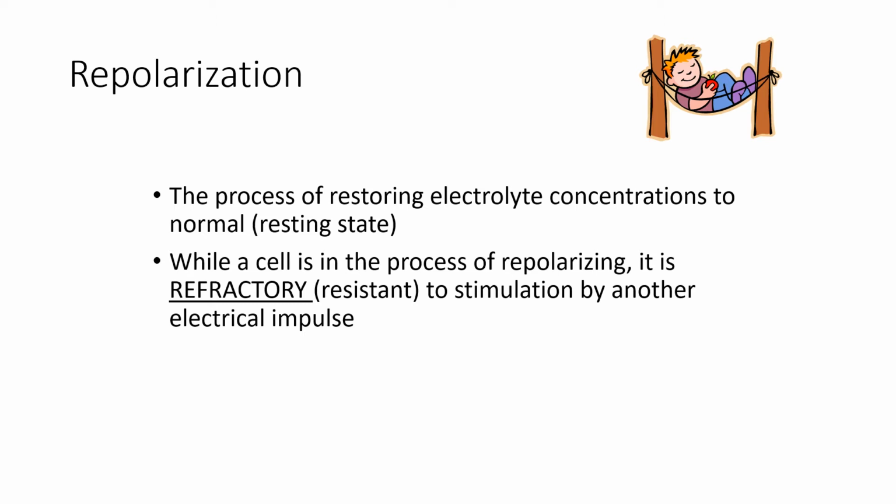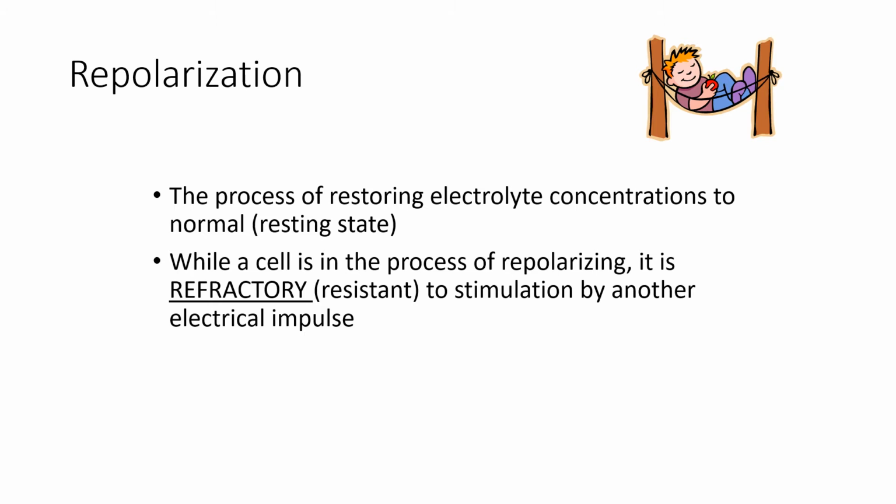During this process of repolarization, where the cell is going back to its original resting state, the cell cannot accept another stimulus. So it's in the refractory period. In the process of repolarization, the cell is refractory or resistant to a stimulation from another impulse.